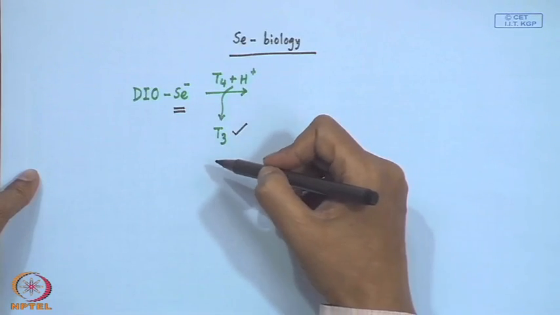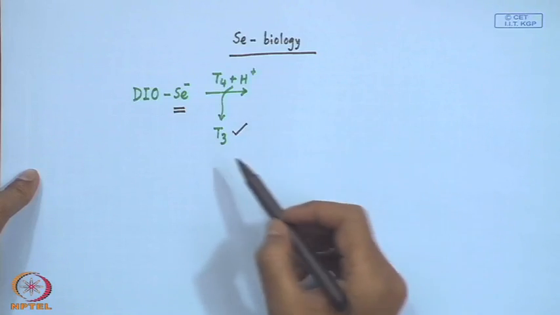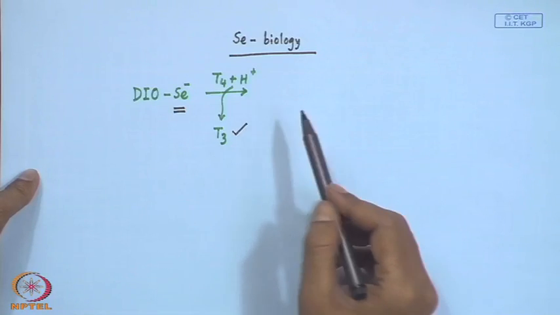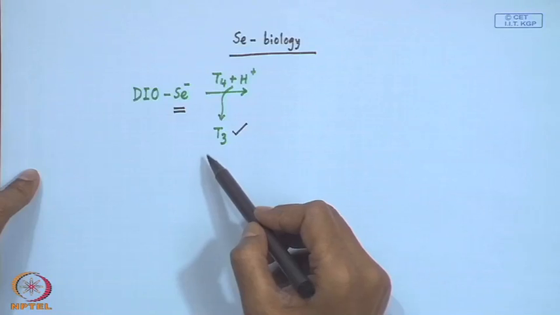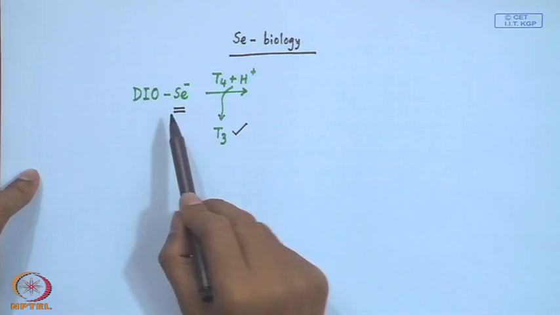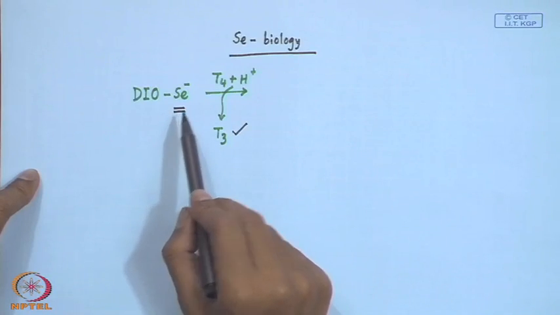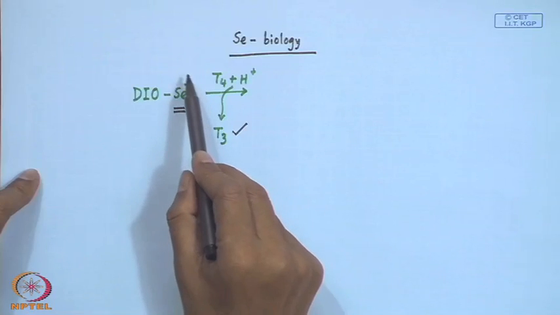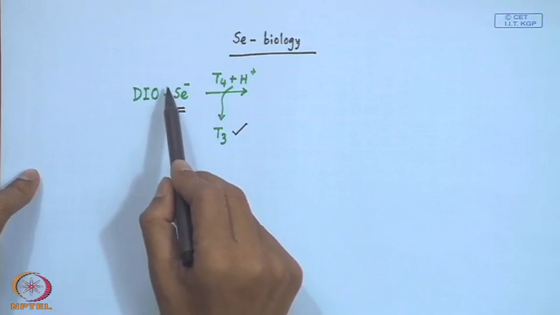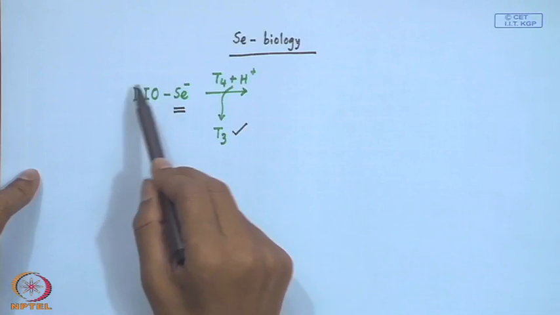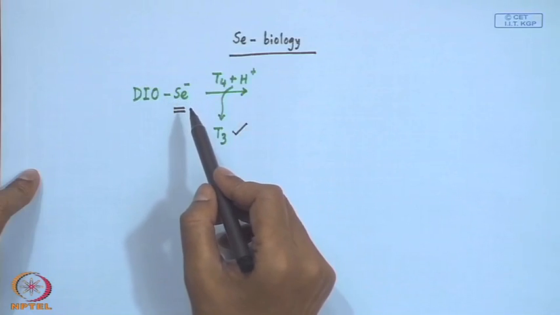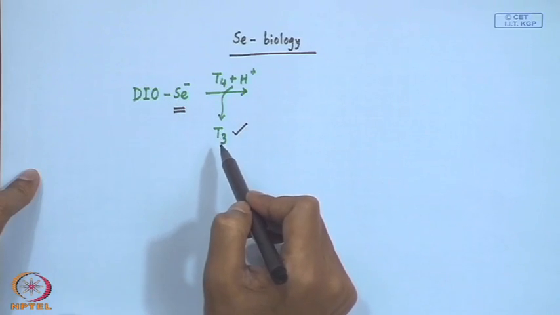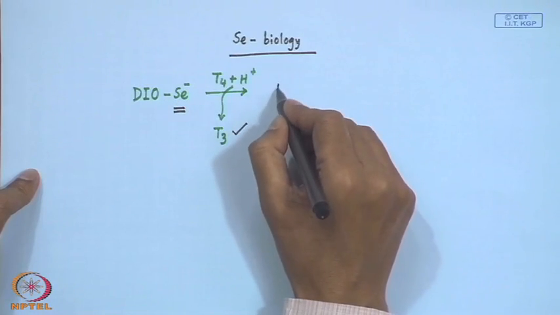So, the formation of T3 is dependent on iodine, on the TPO molecule, and also on selenium. So, if selenium groups are not present in sufficient amounts, we can have a shortage of the corresponding deiodinase molecule and we cannot get the right amount of T3 from the system.